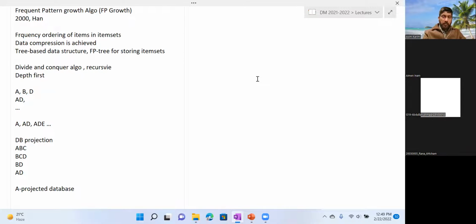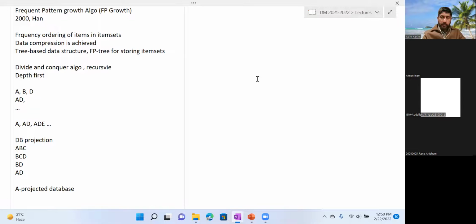So what does this mean? This would be the partition of the database that contains the item A. This A could be an item set also, but in this case, it's a single item. If you look at the original transactional database, the first transaction has ABC.